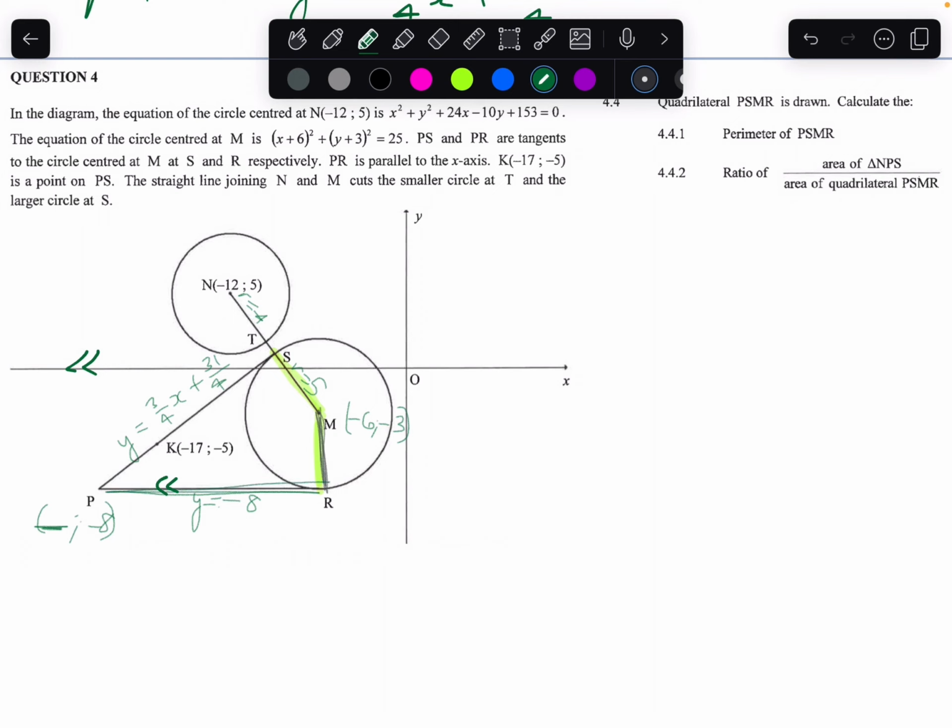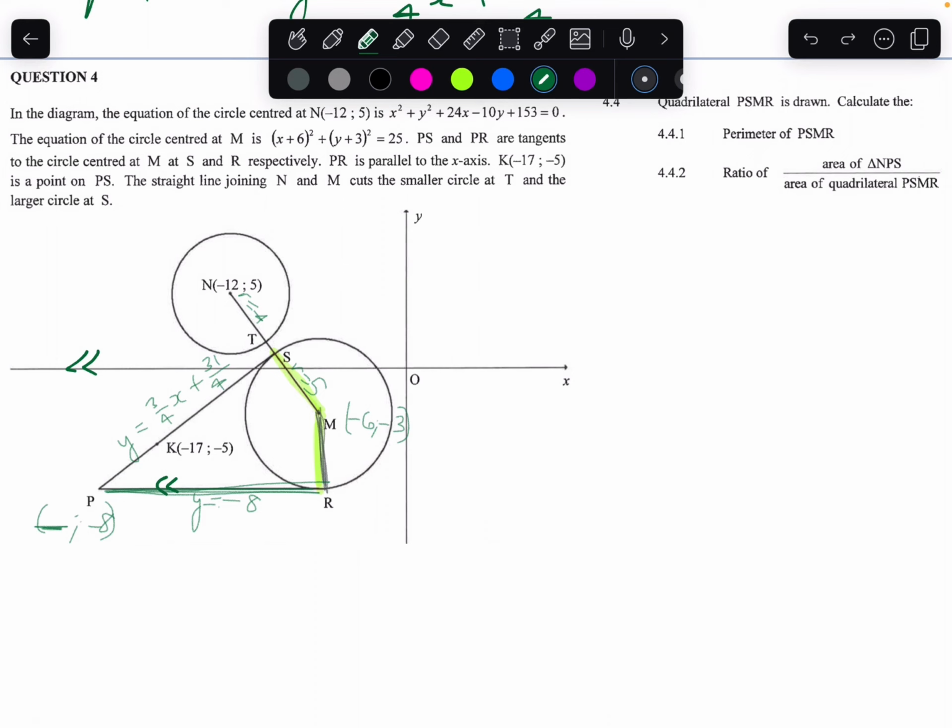And we know that if two tangents meet at a certain point, then they're the same length, equal tangents. So we only need to know this length. We don't have to go through the ordeal of working out that length.